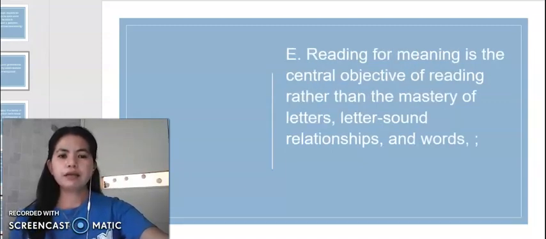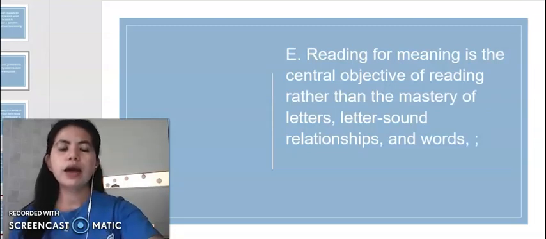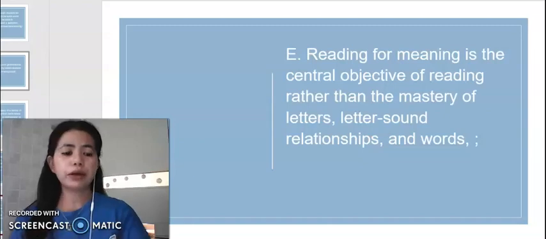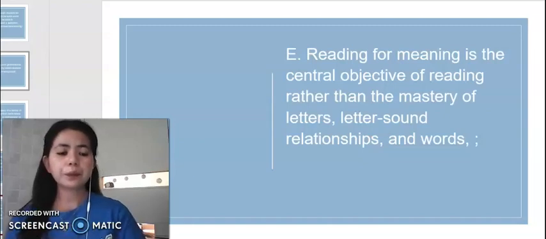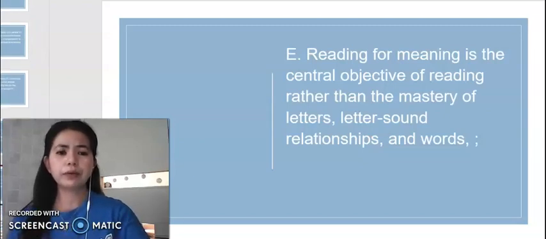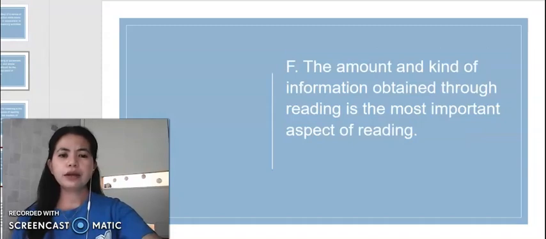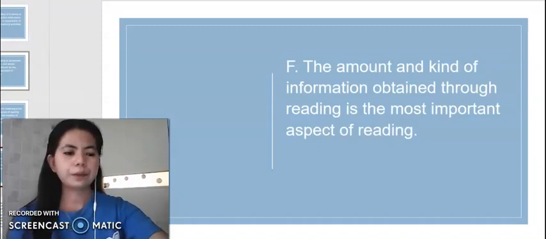Reading for meaning is the central objective of reading rather than the mastery of letters, letter-sound relationships, and words. So in the top-down model, the meaning is the most important rather than the word recognition. The amount and kind of information obtained through reading is the most important aspect of reading.